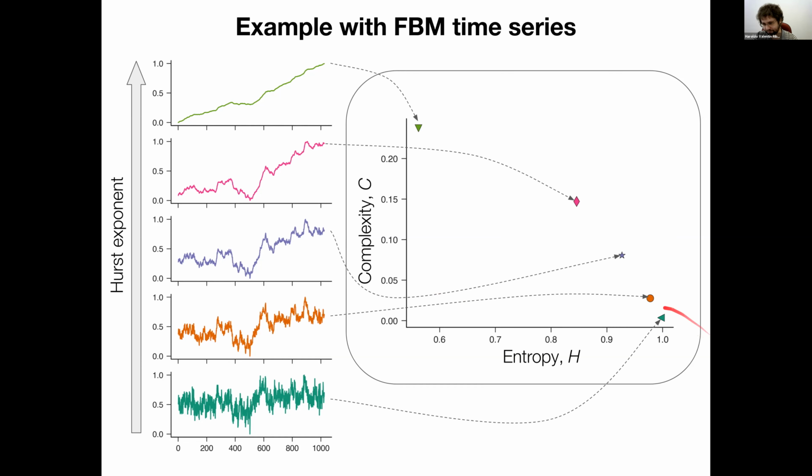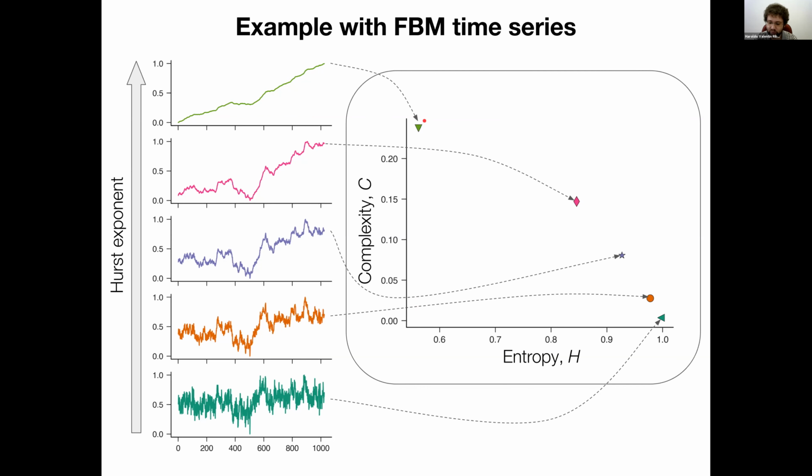So a time series with a small value of the Hurst exponent is localized in this region of the complexity entropy plane, whereas a smoother time series will be localized in another region that has low entropy and high complexity.